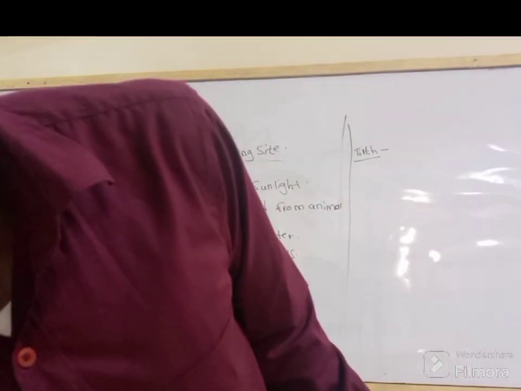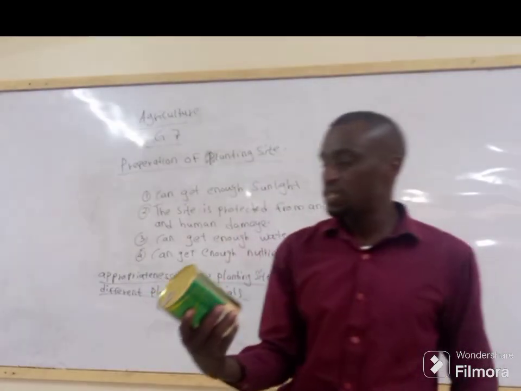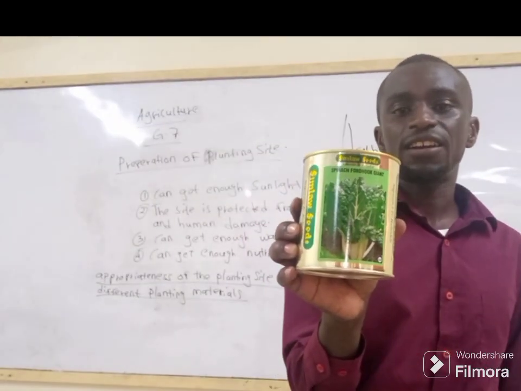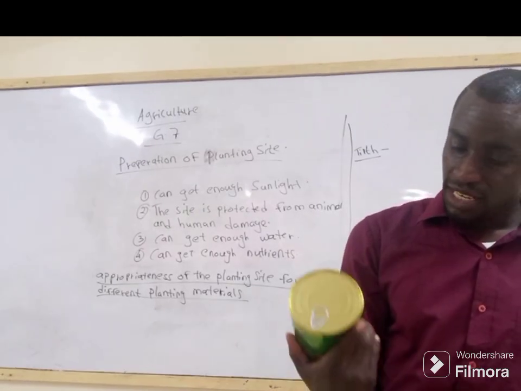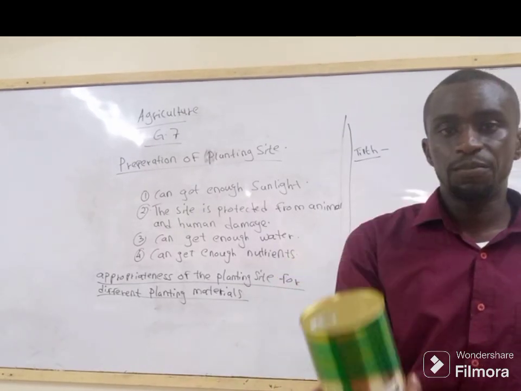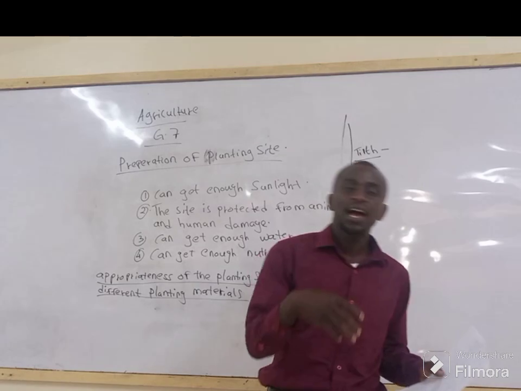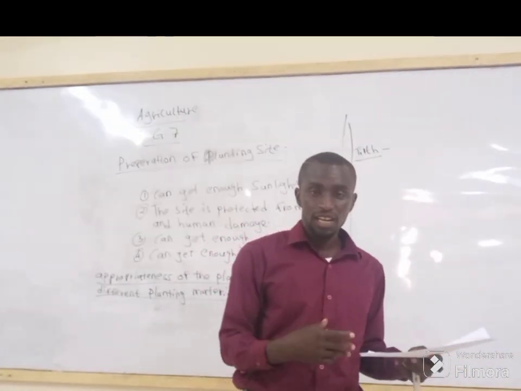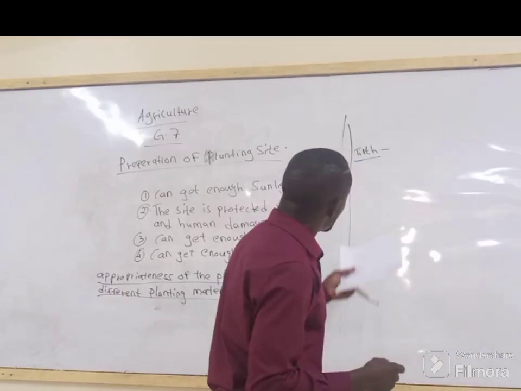Another example of tiny seeds is spinach. Spinach seeds are so tiny, so they need what we call a fine tilth. If you want to plant spinach or carrots or any other small sized seeds, you need to prepare a fine tilth, but don't prepare a coarse tilth when you have such small seeds to plant. So that is the fine tilth.